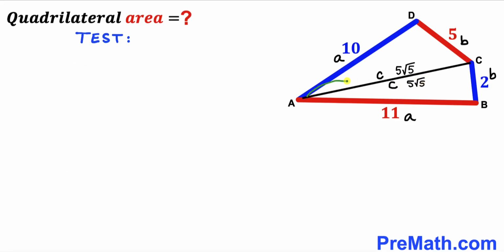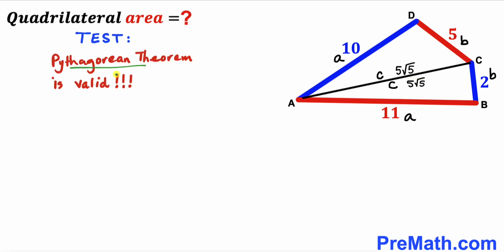Now let's make an observation. We can see the side AC length in both scenarios is identical, 5 times the square root of 5. In other words, the Pythagorean theorem is valid in both scenarios.